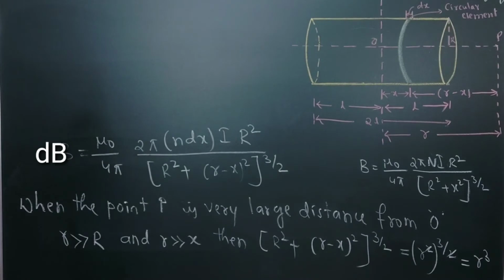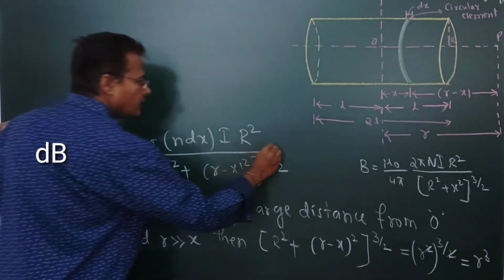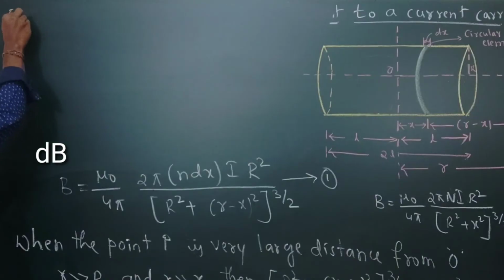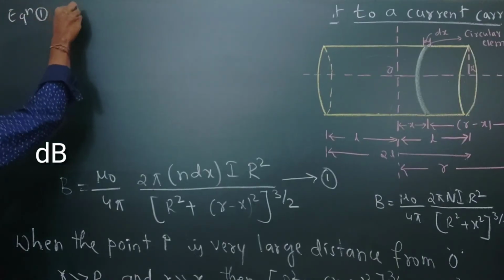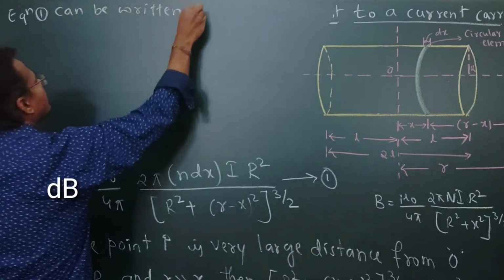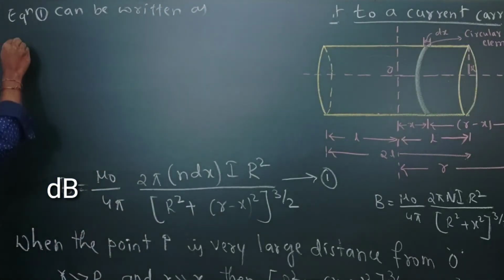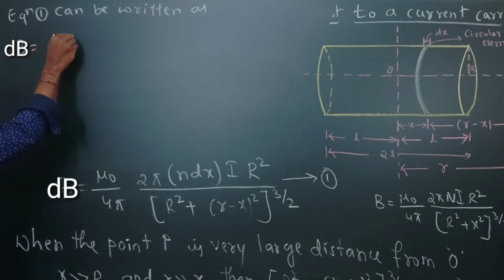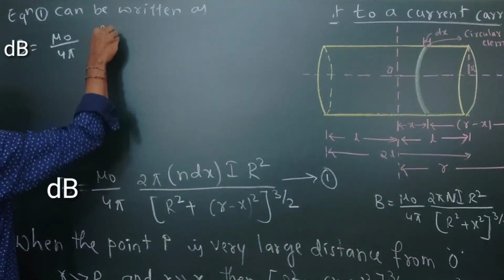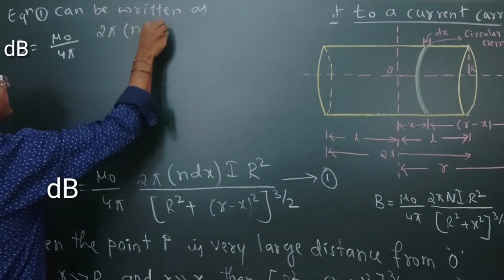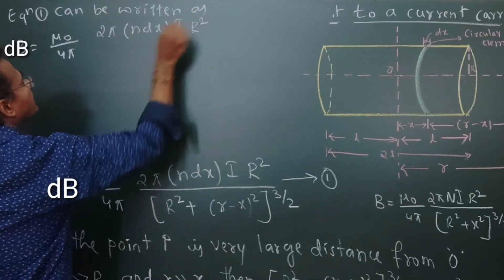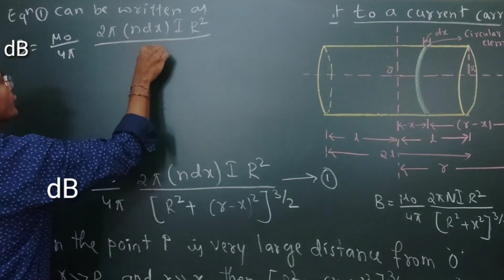Now this is equation 1, which can be written as B equal to mu naught by 4 pi, 2 pi (n dx I R square) divided by r cube.